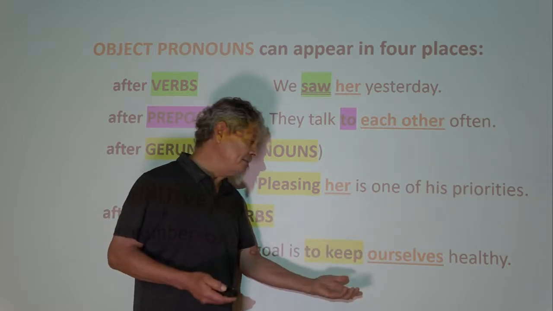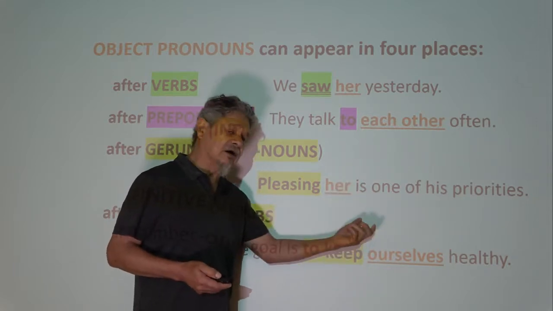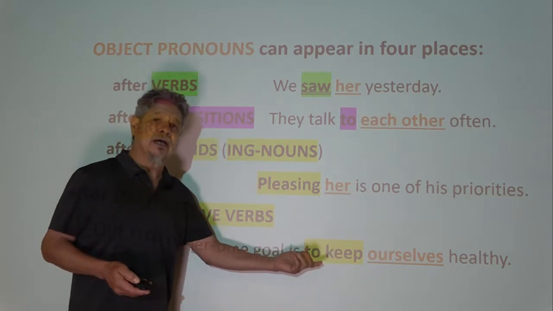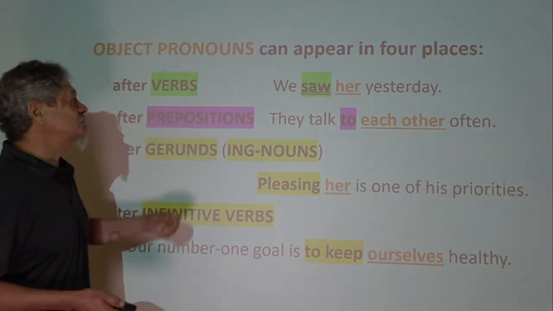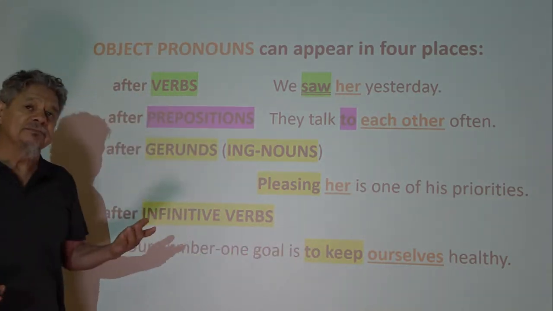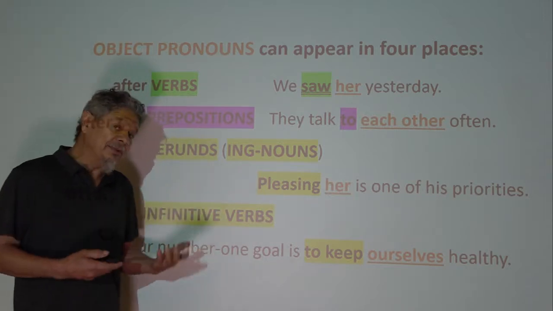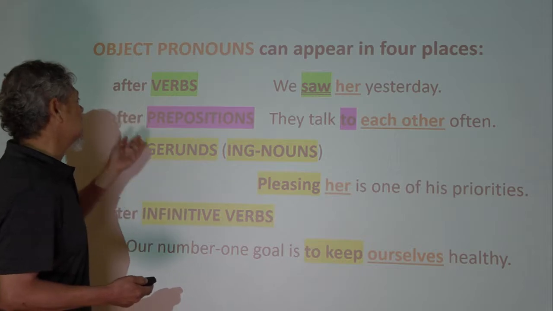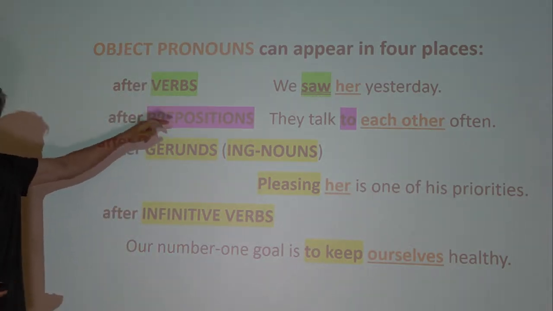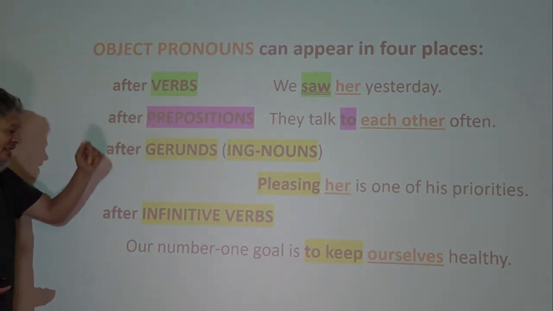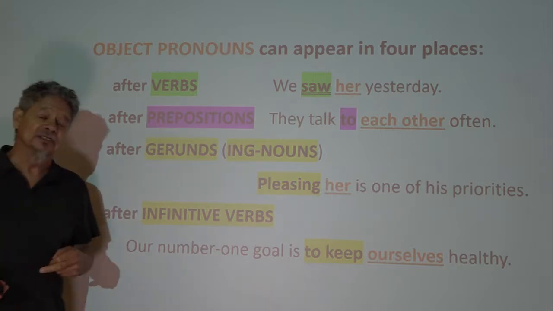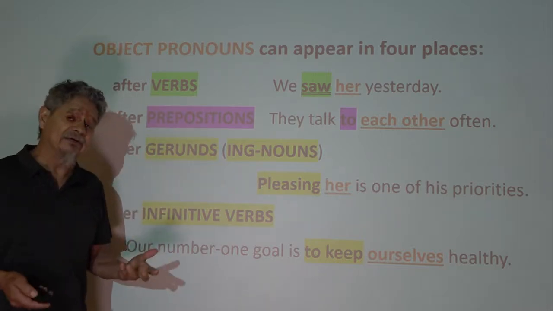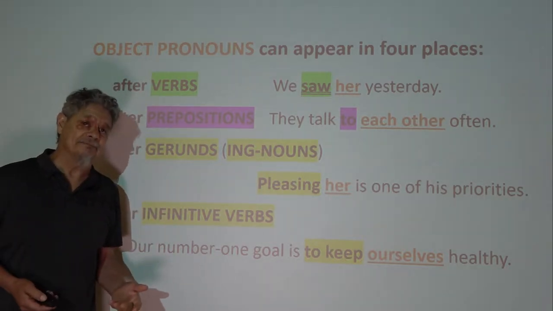No, we use him, us, ourselves after an infinitive verb. So infinitive verbs cannot be used as subjects, but they can be used as objects after verbs, after prepositions, after gerunds, and after infinitive verbs. So they have a very important role to play.